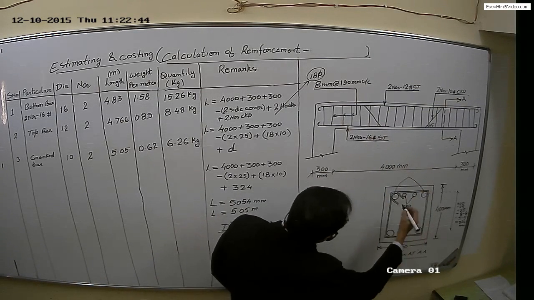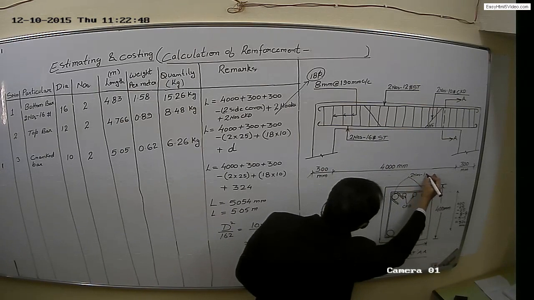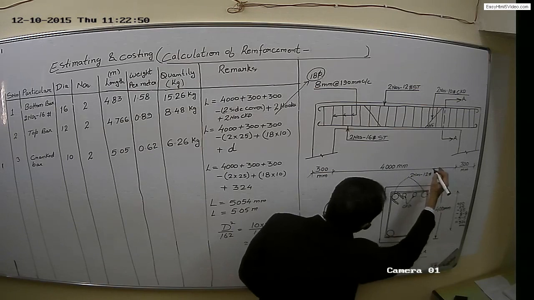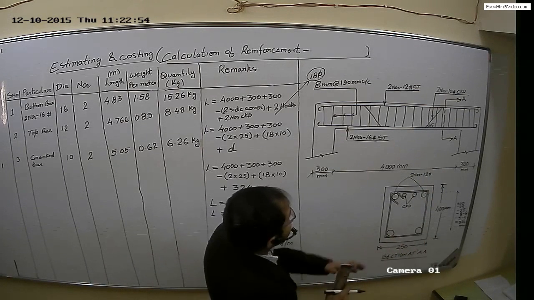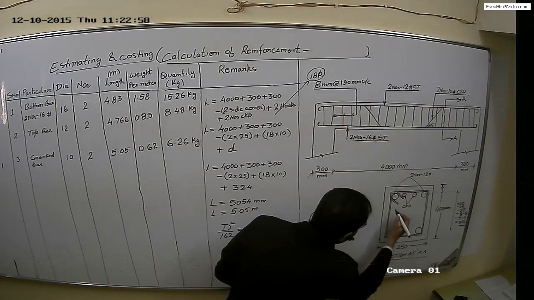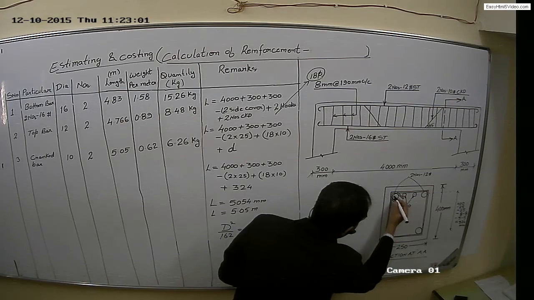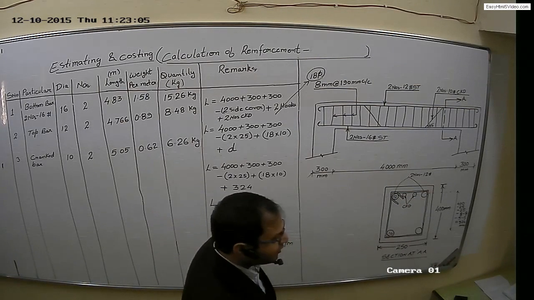This is 12 mm dia. These are the two bars which are having the dia of 12 mm. These two bars having the dia of 16 mm. I am just writing here 16 mm, and this is 12 mm, and these are the crank portion of 10 mm dia.